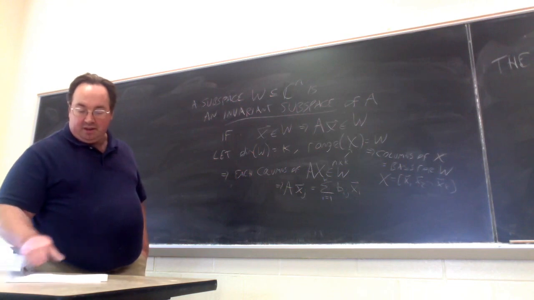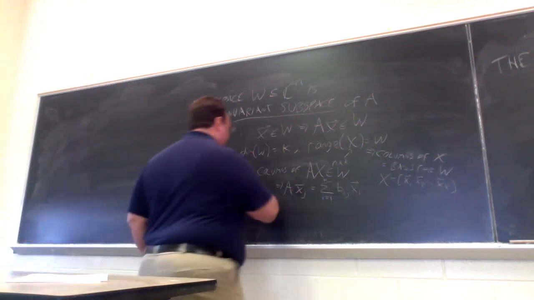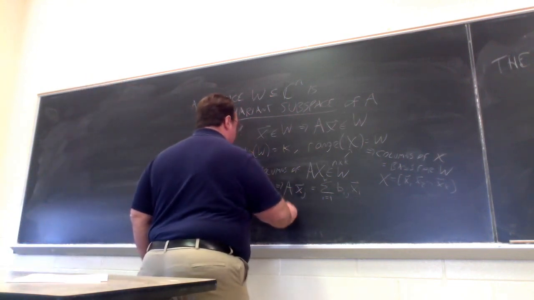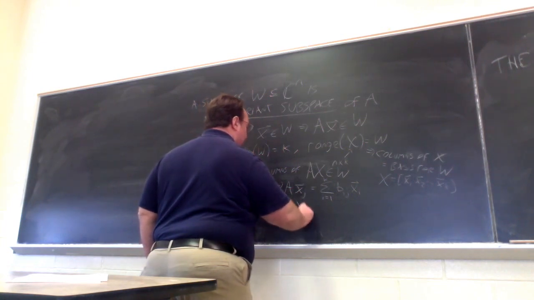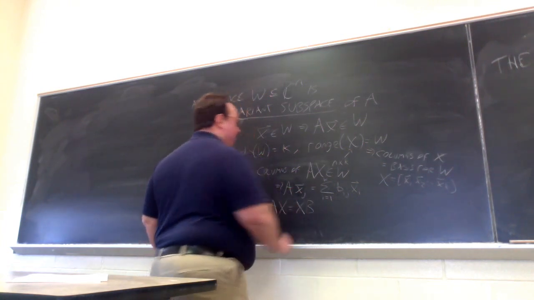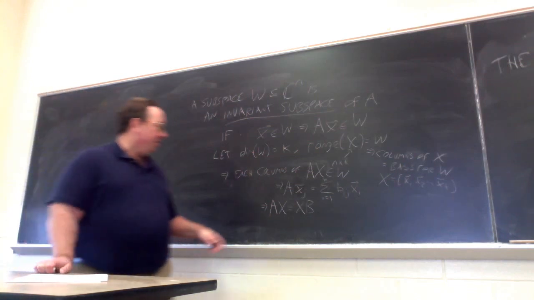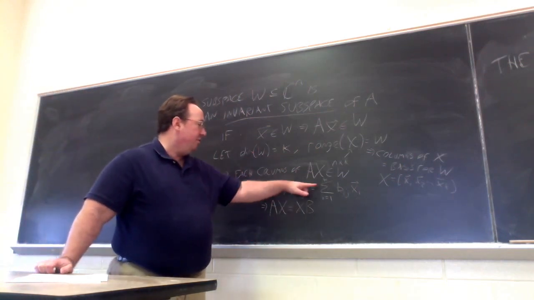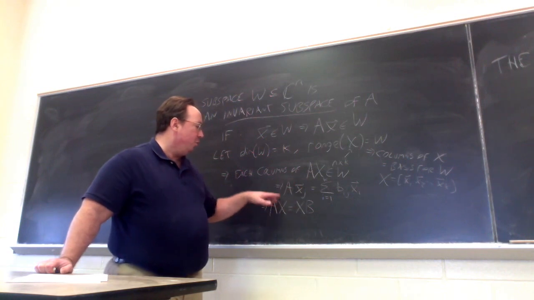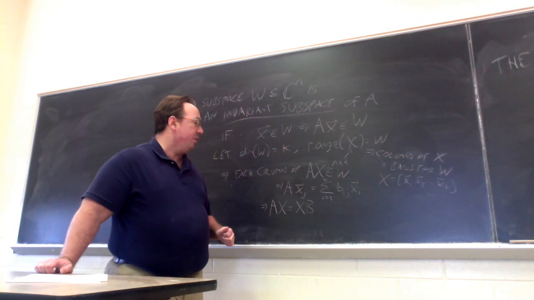So what that means is, I can say that AX is the same as XB. So by taking all of these vector equations and putting them together into one equation, then I get this relationship right here.